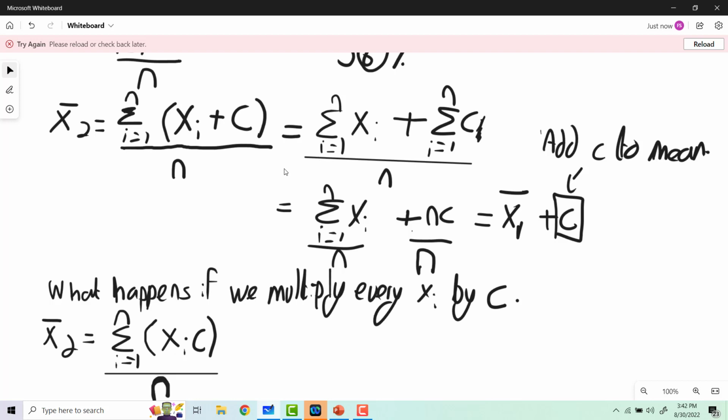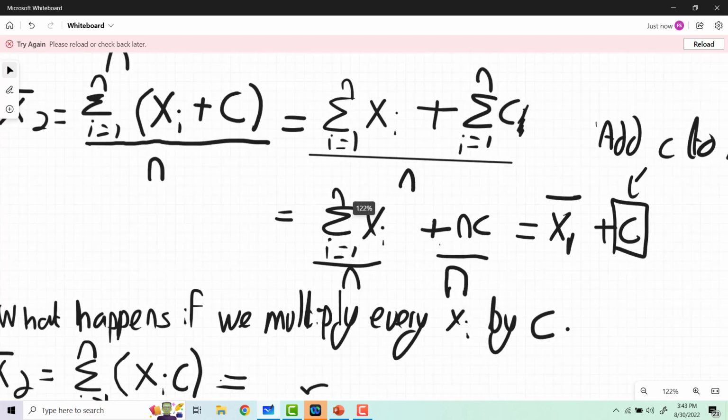Now, as c is multiplied to everything inside this summation, we can just multiply the summation by c. As it's not dependent on the summation sign, we can put it to the left of the summation sign.